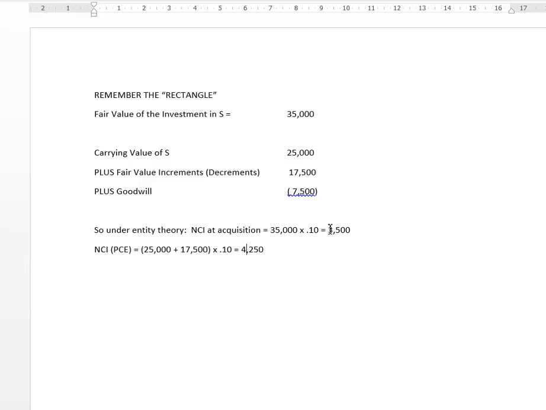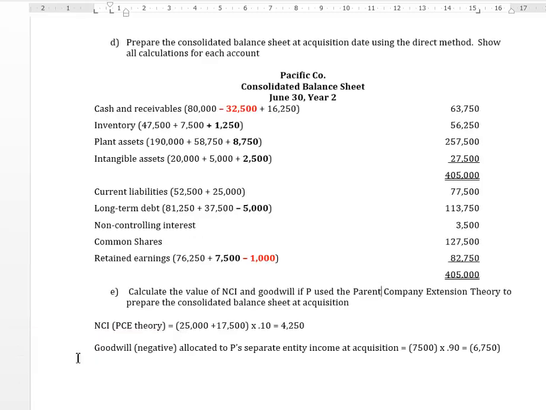Because don't forget, these guys are also getting their share of 35,000, which includes negative goodwill. It's negative. If this goodwill was positive, this NCI under the entity theory would be bigger than under the PCE theory. But under the PCE theory, it's bigger because we're not allocating them their share of a negative number, which is negative goodwill. Okay? So I think that concludes pretty much our video on the quiz.